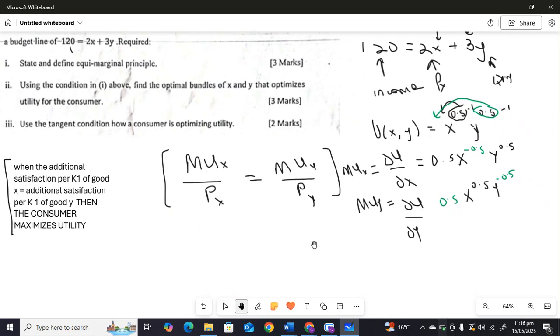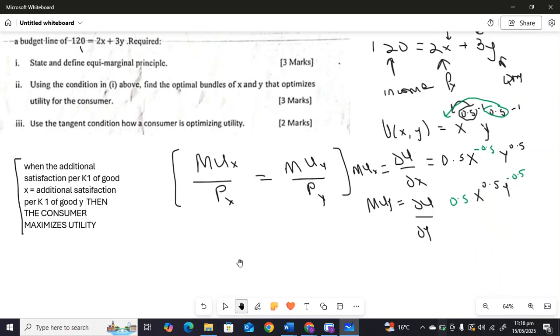Okay, so now we can substitute here because we need to get our optimal bundle, the bundle that will give us the most satisfaction. So remember, a bundle is just a combination of one good and another good. So MUx here we substitute with our marginal utility for x, which is 0.5 x to the power negative 0.5 y to the power 0.5 divided by the price of good x, which is 2 kwacha.